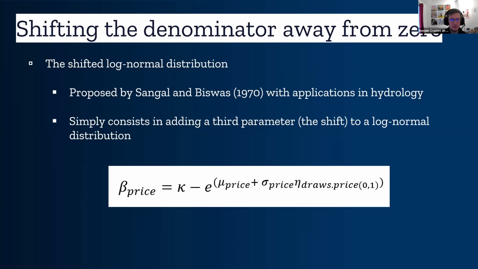And this is a very simple thing to do. This simply consists in adding a third parameter, the shift, to a positive or negative log-normal distribution. In our case, that's going to be a negative log-normal distribution, of course. And so we introduce this new parameter, which is kappa.